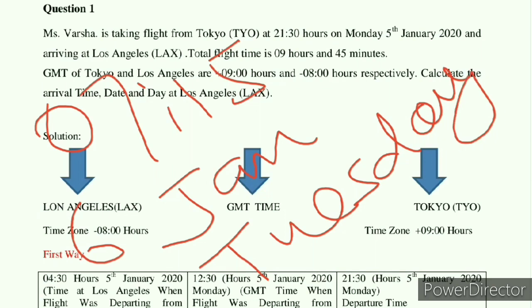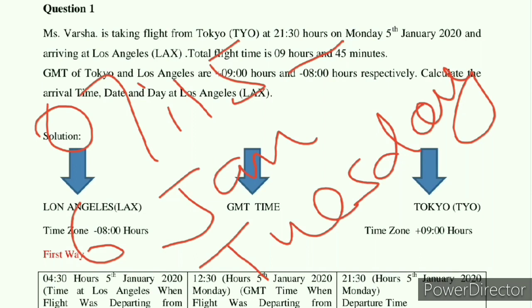If she doesn't know the GMT times and doesn't understand the time zones of different countries, she will simply add the total journey to the departure time and understand that she will reach the destination at 7 hours 15 minutes.